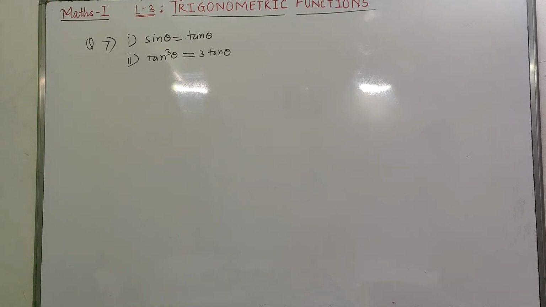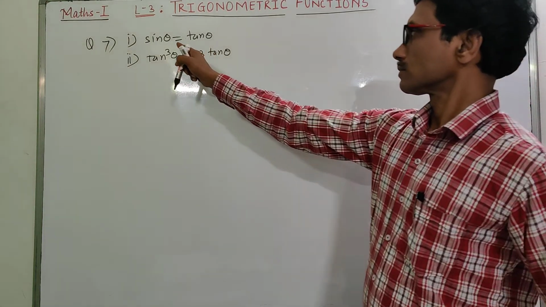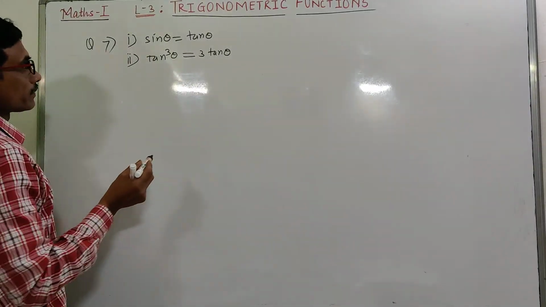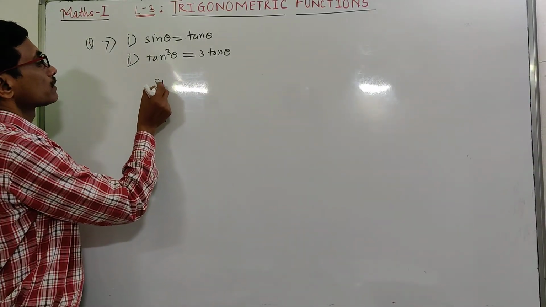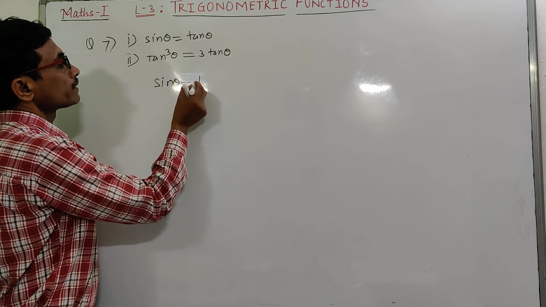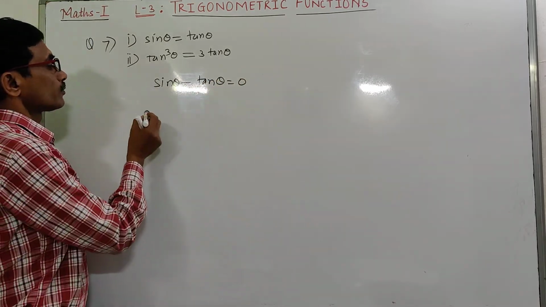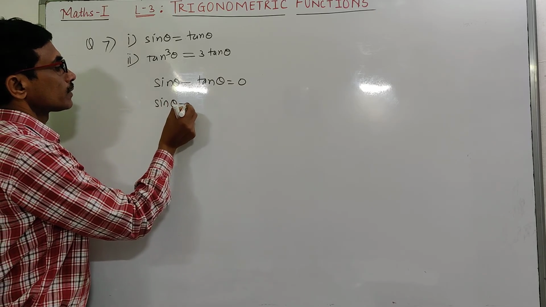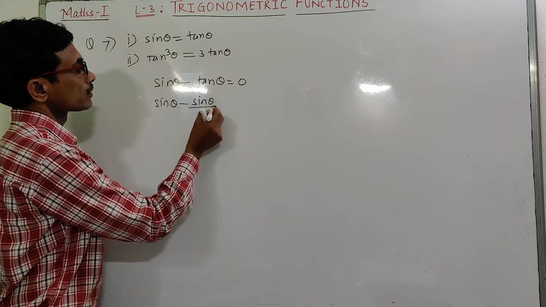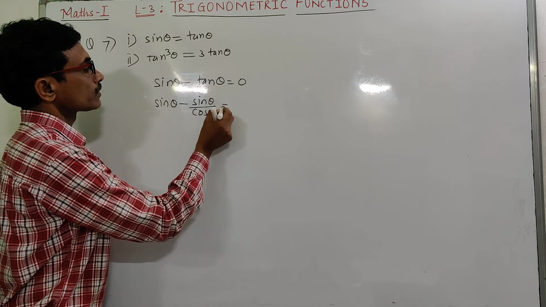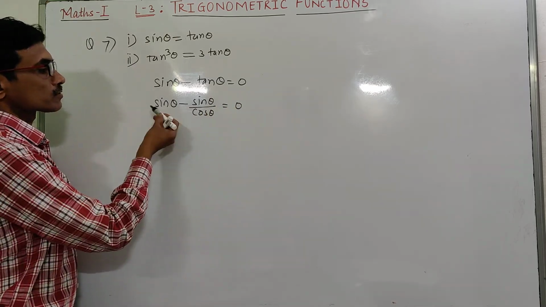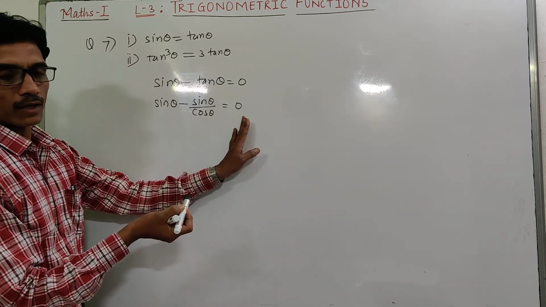Question number 7, sin theta is equal to tan theta. We find the general solution of this. So we'll take tan theta on the left hand side. Sin theta minus tan theta is equal to 0. Tan theta we will write as sin upon cos theta: sin theta minus sin theta upon cos theta is equal to 0. LCM is cos theta, so multiply throughout the equation by cos theta.